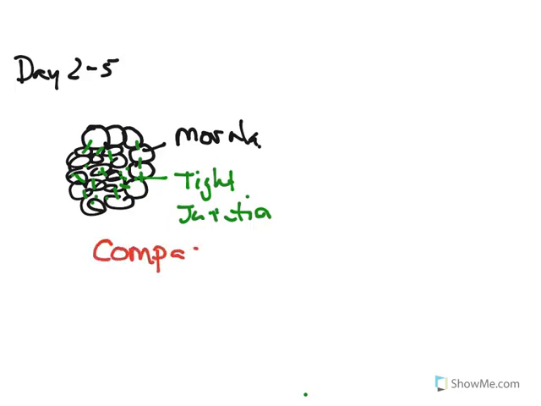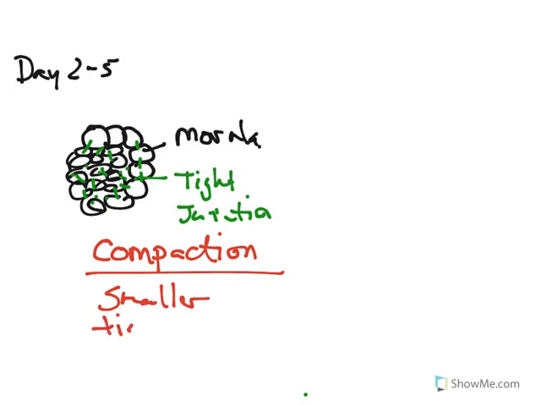Compaction is where these cells get smaller and form tight junctions. So our morula is undergoing compaction, these individual blastomeres getting smaller, forming a nice, tight little morula.